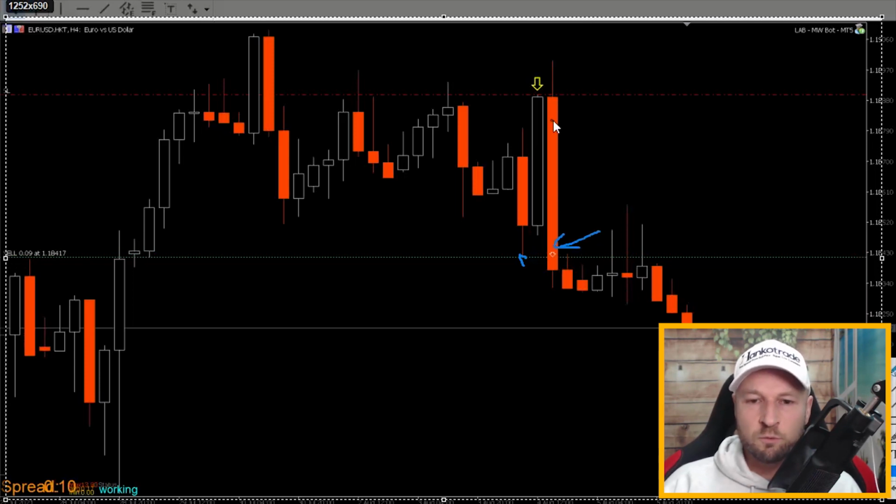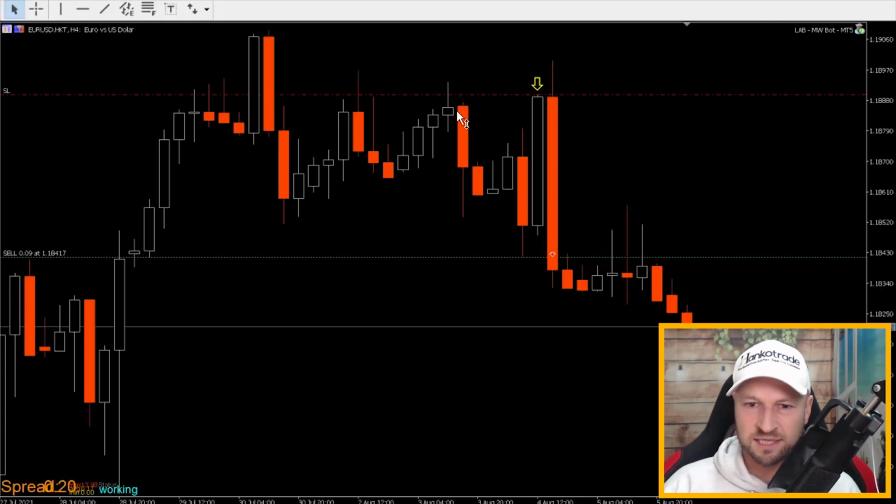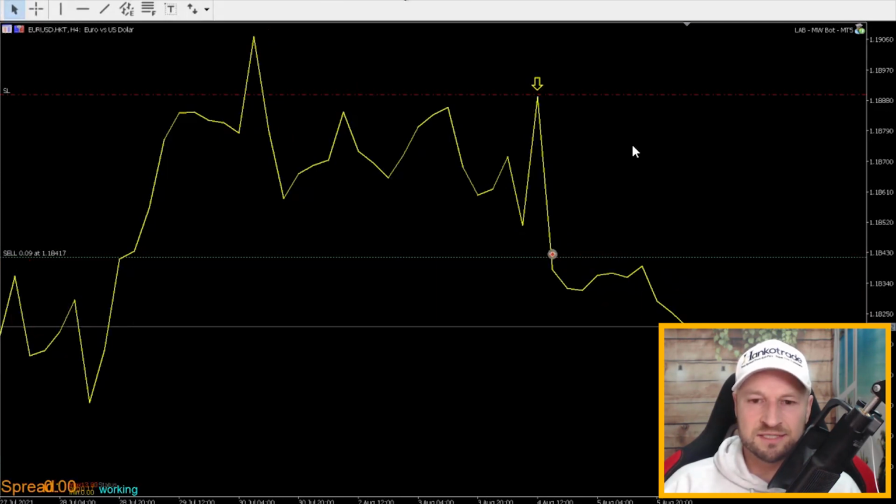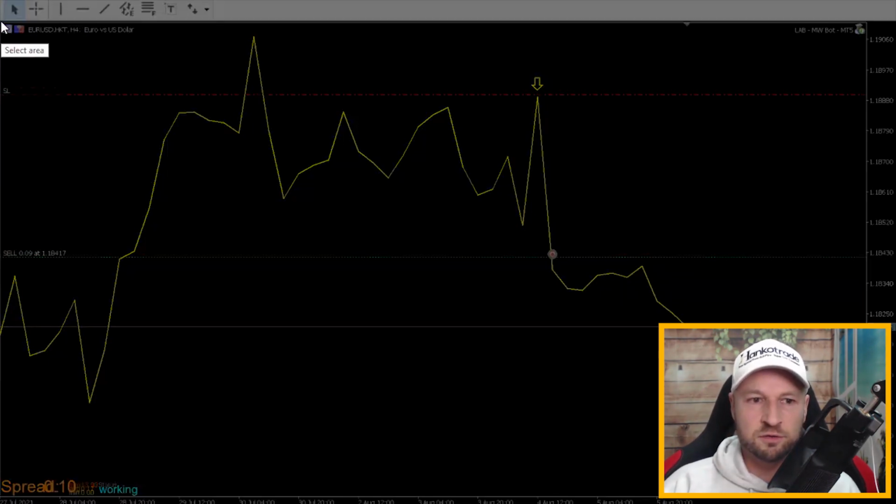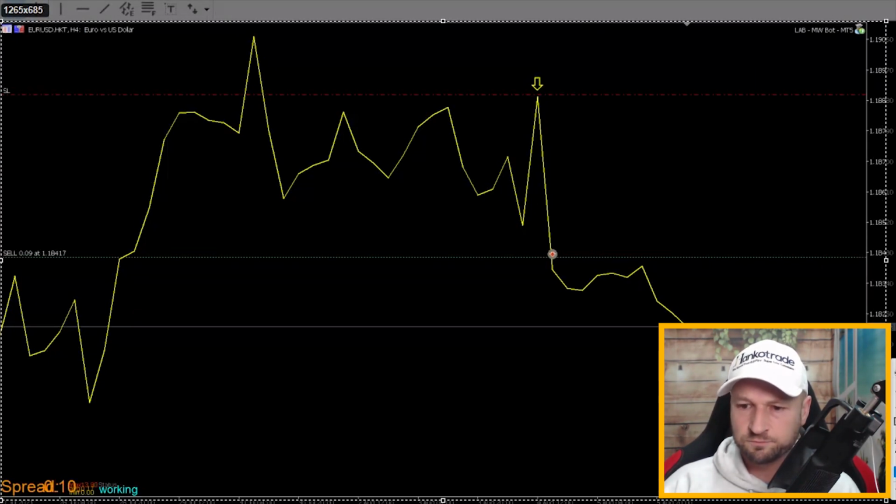Now, what else are we looking at here? Why have I identified this point as my setup? Let's jump out of this for a second and show you. If we jump back to a line chart, it's going to be easier to see. All I've really done is utilize the closing prices, and I'm going to show you on the screen here.